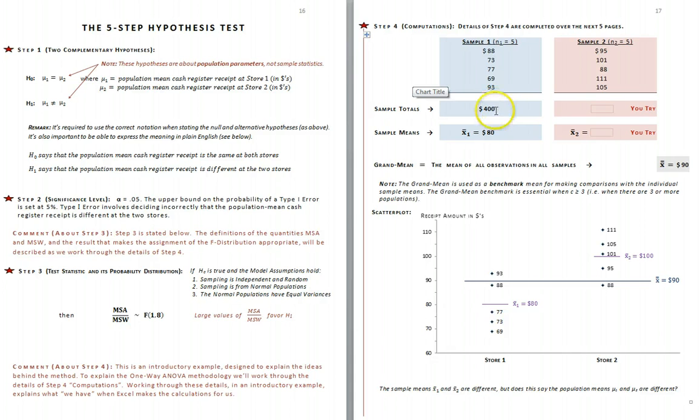And then I computed the mean cash register receipt for those 5 receipts from store 1. 400 divided by 5 is $80. Just to make sure we're all on the same wavelength here, I've left spaces for you to complete the same calculation: the total of the 5 cash register receipts for store 2, and then the sample mean cash register receipt from store 2.